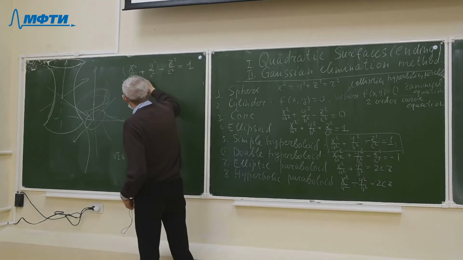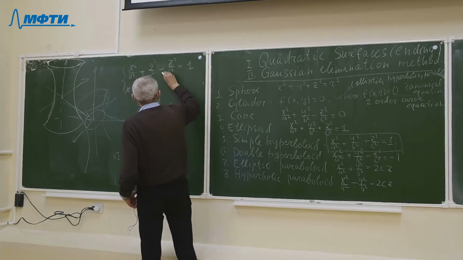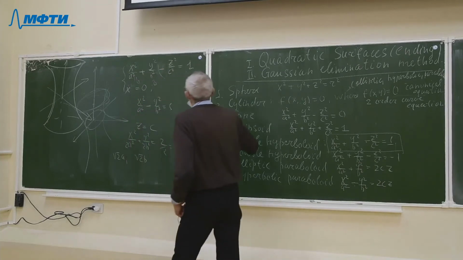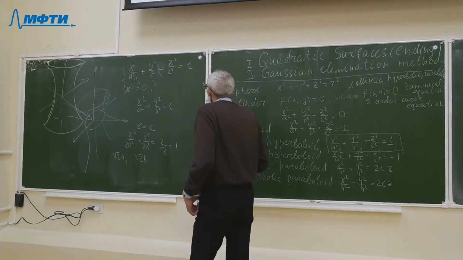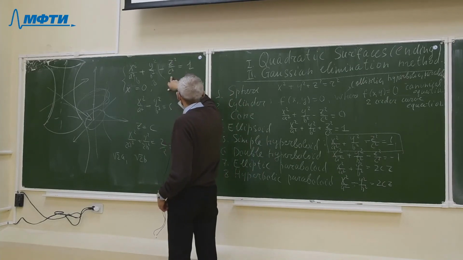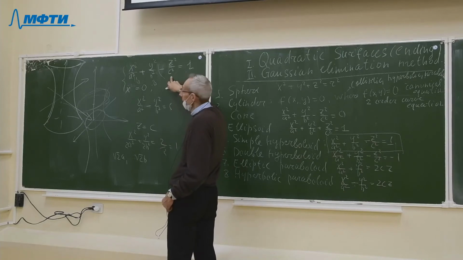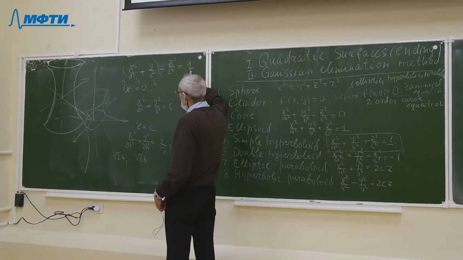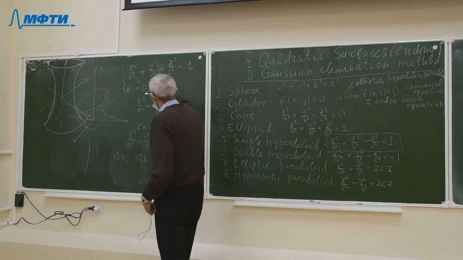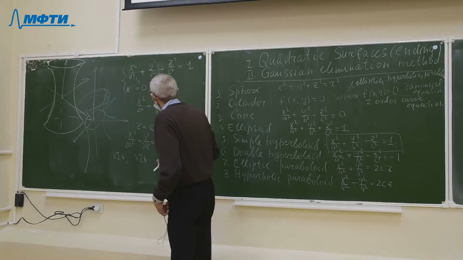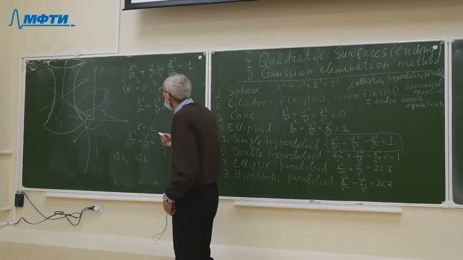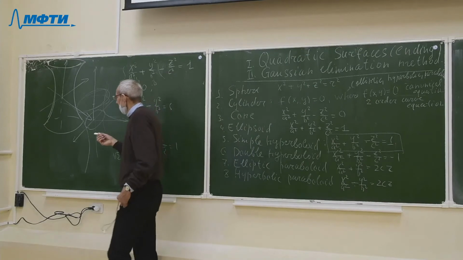If this one is equal to 0, this one is equal to 0, this one is negative, non-positive. This one is non-positive, negative or 0. But this one is positive. And this point, when both x and y are equal to 0, does not belong to our surface.